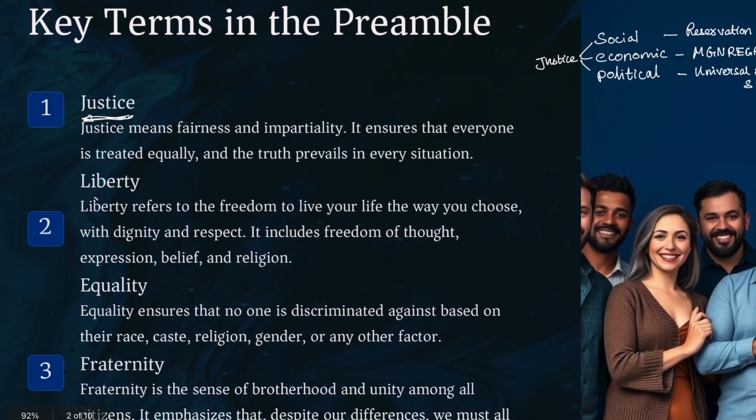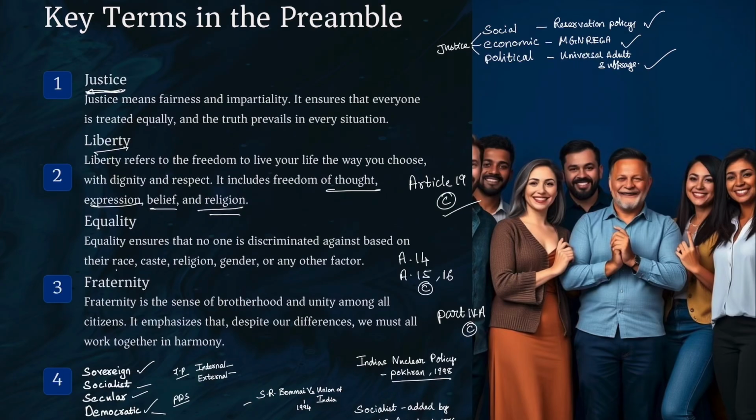Hope that's clear. The next is liberty. The preamble guarantees the freedom of thought, expression, belief, and worship to every individual. This means every individual in India has the right to follow their own life choices and views, and practice any religion they choose.